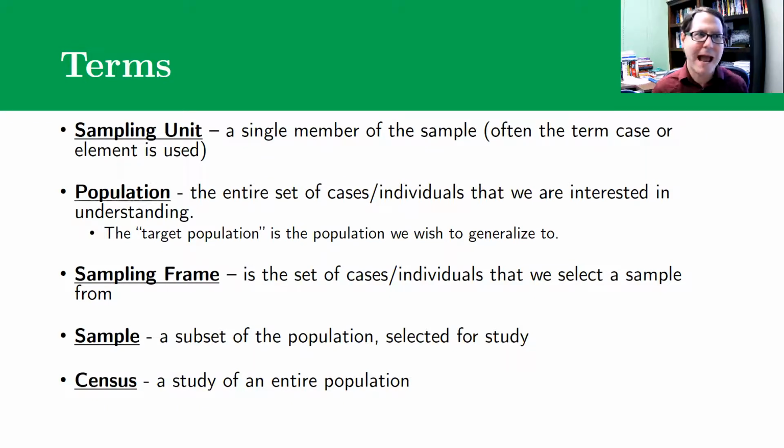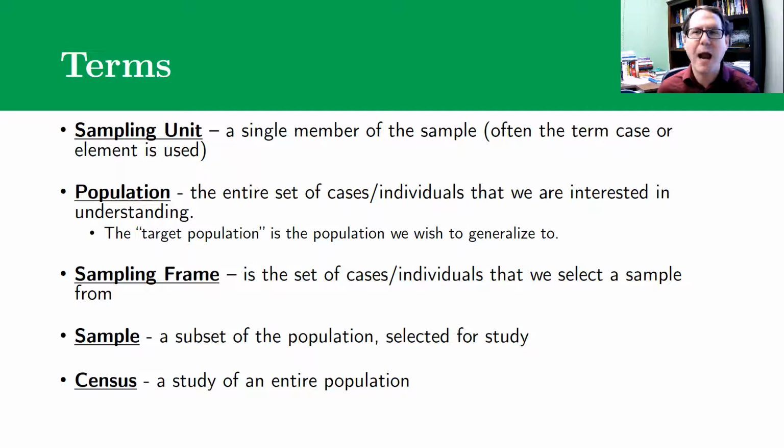I want to quickly hash through some vocab. So we'll start with population. Population has a colloquial meaning of everyone. So 7 point something billion people on Earth, or 330 million people in the United States. In the social sciences, that's not what we typically mean when we're talking about population. In sampling theory, population is the group of people or cases that we are interested in understanding, right?